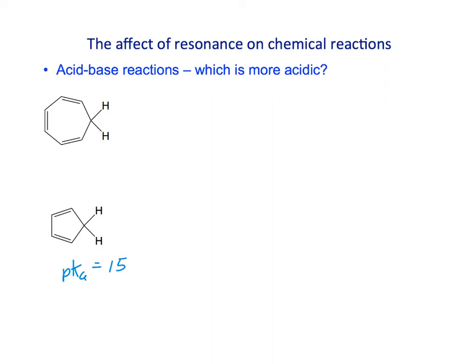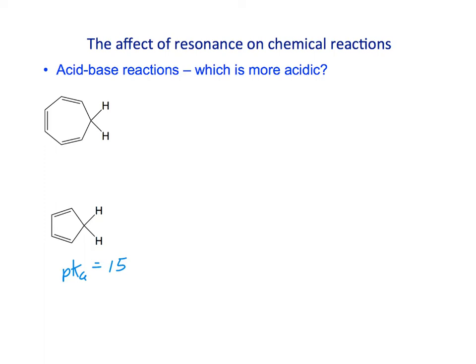As far as acids go, what does that put it in the same range as? Water, right? Water has a pKa of 15.7, so this molecule is actually more acidic than water. Means that its conjugate base must be even more stable than hydroxide, I guess, right?